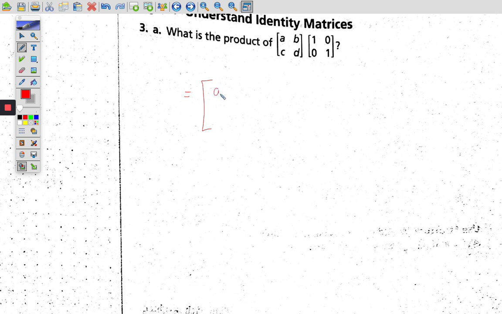So we got A times 1 plus B times 0. So I multiplied A times 1 and B times 0. Now for my first row, second column, I'm going to multiply A times 0 and B times 1.